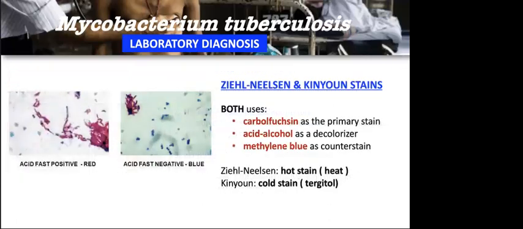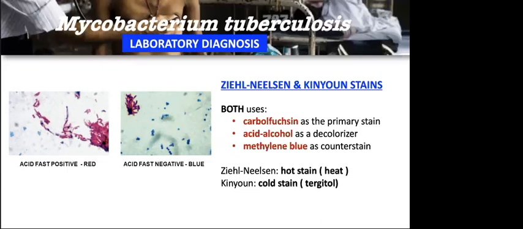So with your samples, if they pass the grading system for sputum samples, you can perform the staining method. So either Ziehl-Neelsen or the hot method, or the Kinyoun stain or the cold method. Okay? So both Ziehl-Neelsen and Kinyoun have carbol fuchsin as primary stain, acid alcohol as the decolorizer, and methylene blue as counterstain.